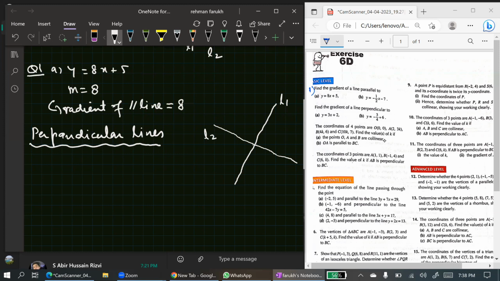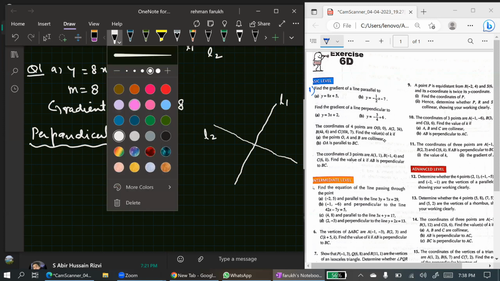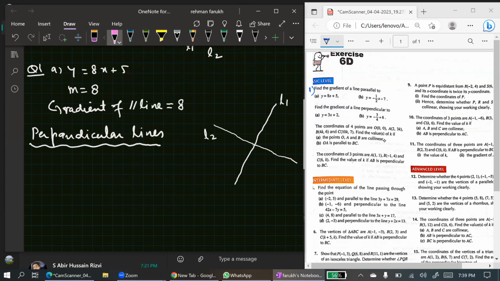Oh, sorry, perpendicular. Now the gradient of line L1 is 2. And now we will find out the gradient of the line L2.